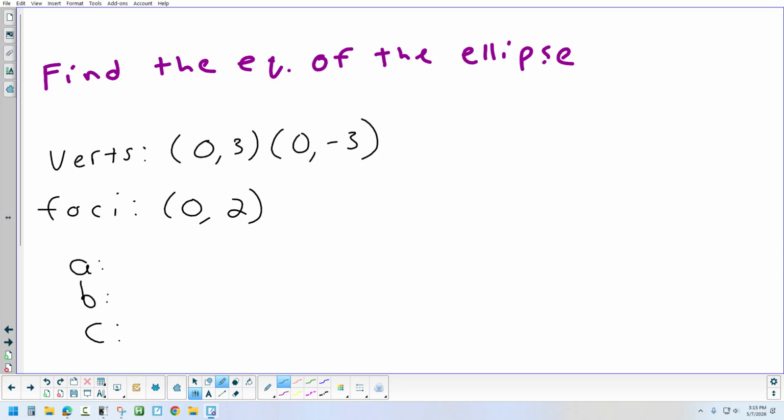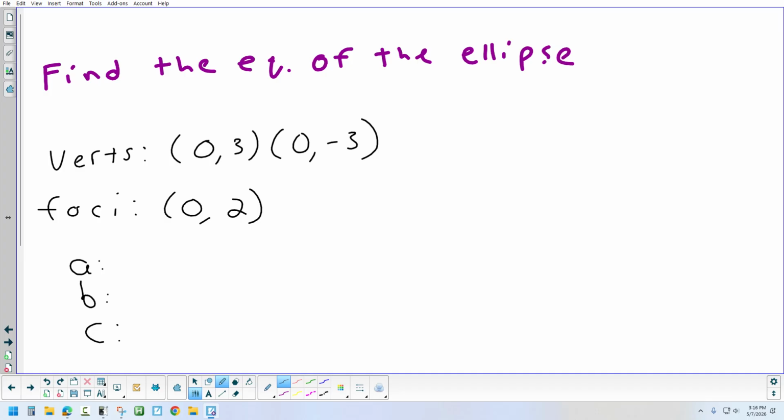All right. Now, what is the definition of A in an ellipse? Is it the same as the parabola? Yeah, it's the same. But we don't have a center in a parabola.